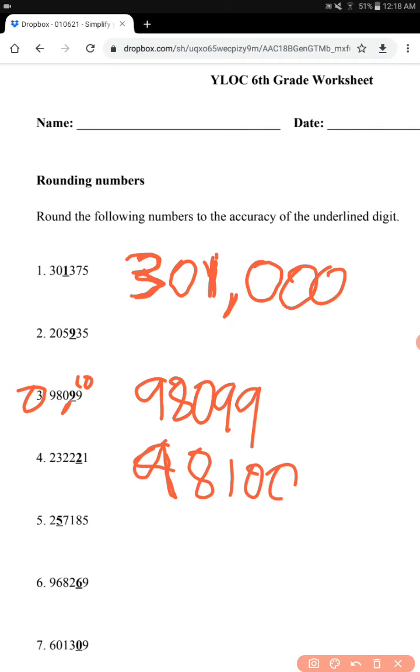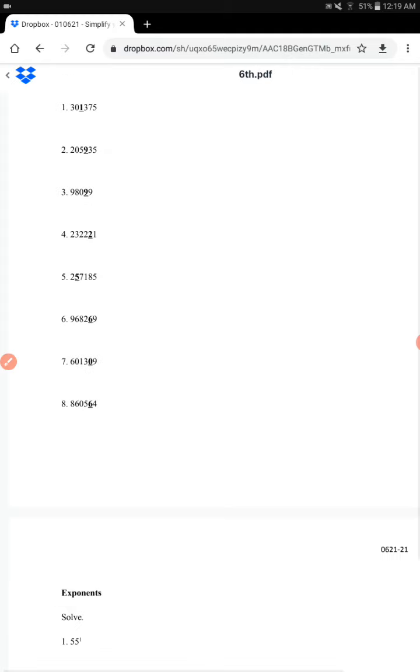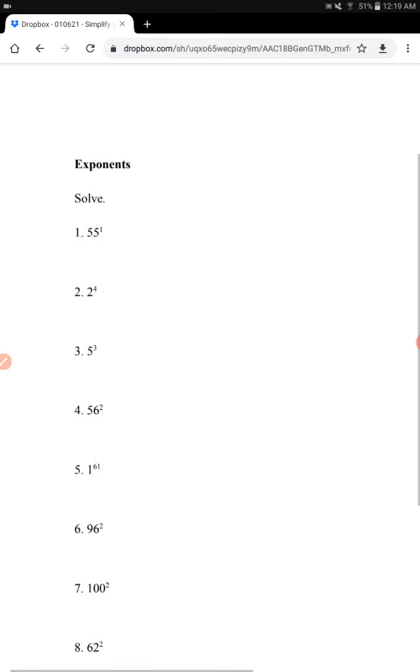I hope that made sense. Anyway, to put it shortly, we have to round up, and 99 rounds up to 100. That was a better explanation. Okay. Rounding numbers is pretty easy, so you probably got that.